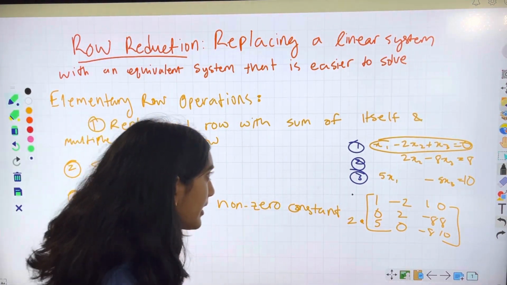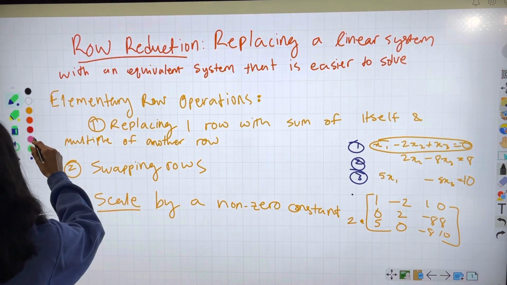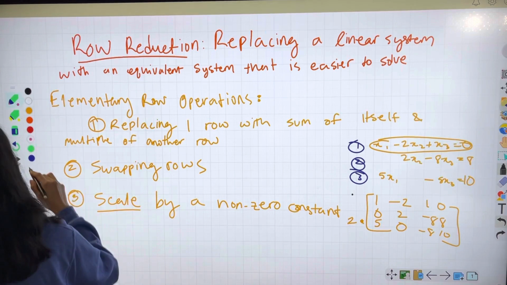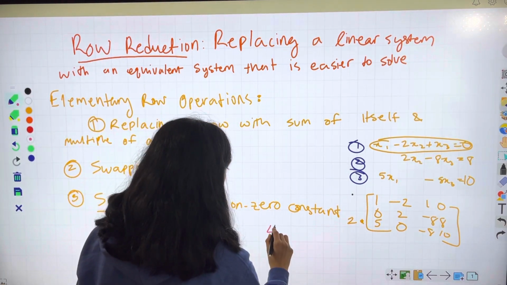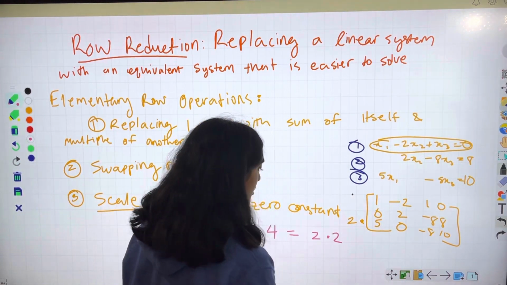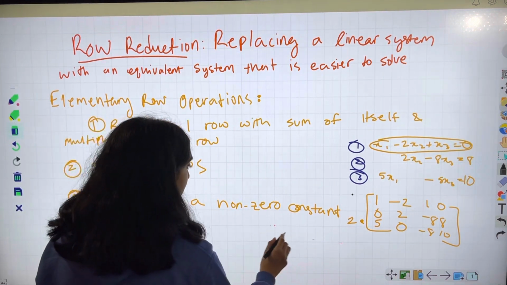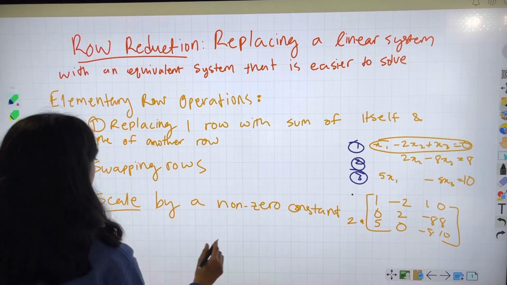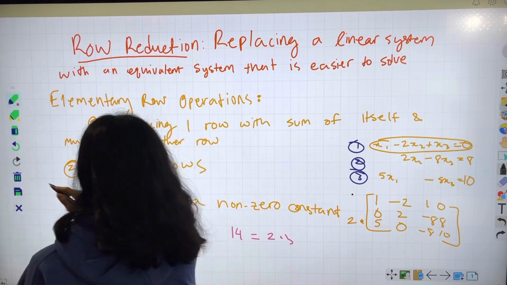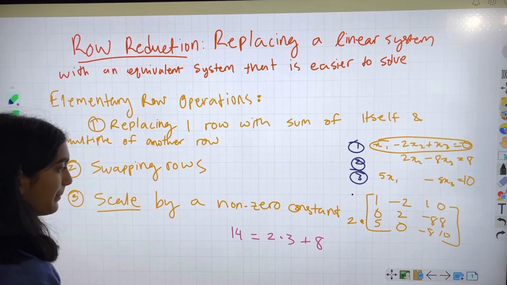And the reason why you can scale is, forget about linear equations. When you just have 4 equals 2 times 2, right? Or maybe 14 equals 2 times 3, which is 6, plus 8, right?